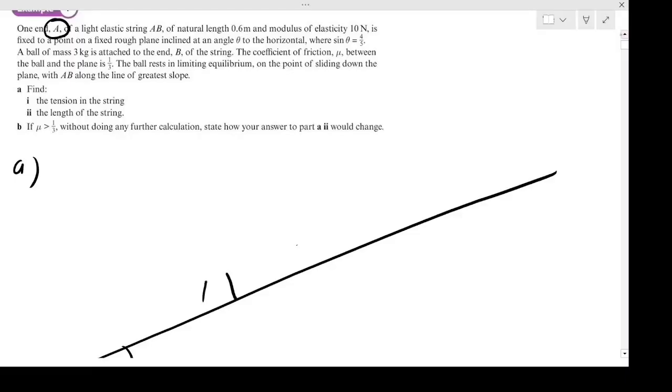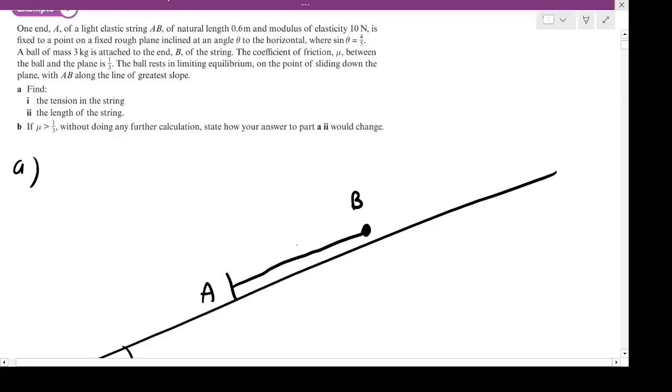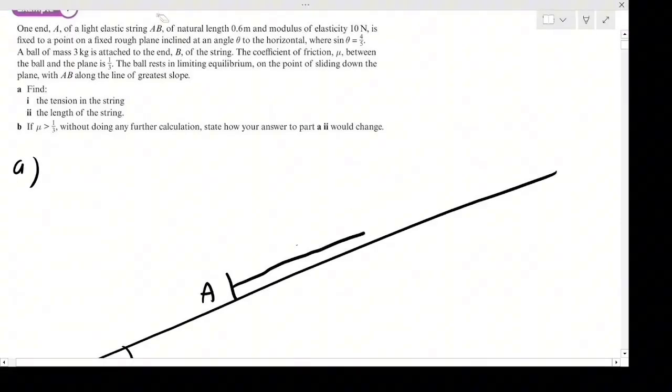The other end of the string has a ball. That'll be the point B. That's AB. No, it's going to be the other way around. The ball needs to be down the slope because we're told the ball is sliding down the plane.